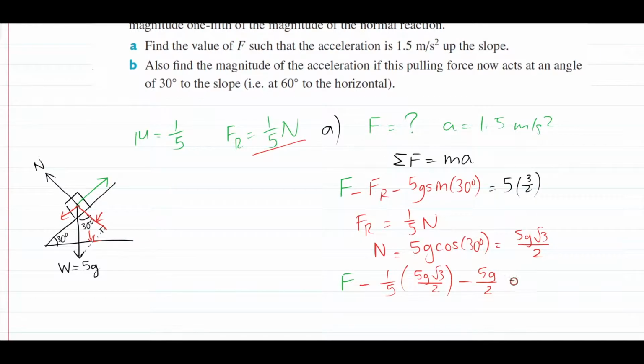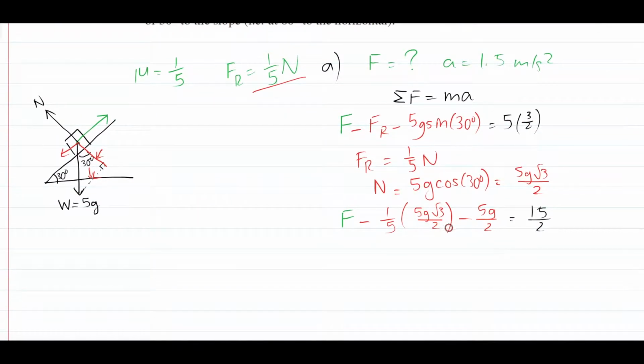And you let that equal 15 divided by 2, since 5 times 3 is 15. Okay, you pretty much have all your numbers already. You can easily solve for F in this case. You move 1/5 times 5g root 3 over 2, and 5g over 2 as well, to the other side. And if you use your calculator, guys, you should get 40.49 newtons.